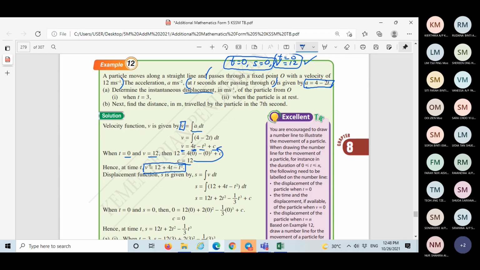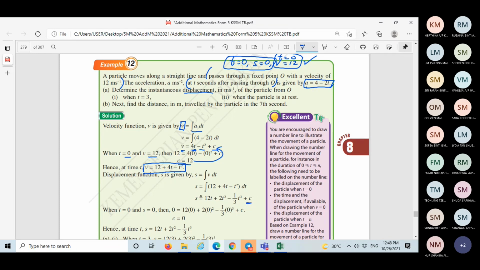Continue. I use this function of the V to get the S. How? Integrate the function of the V. So integrate 12 plus 4t minus t squared with respect to t. After integration, this is what you get. And remember, plus C again. Then how to solve this C?